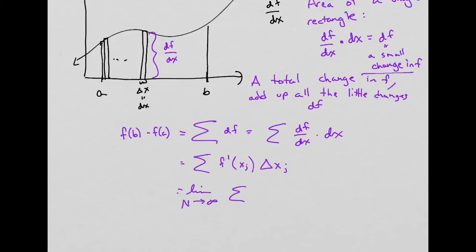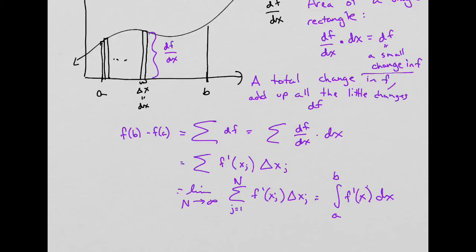If we let the number of rectangles go to infinity, the sum from j equals 1 of f prime of x sub j times delta x sub j is the integral from a to b of f prime of x dx. So in general, you can explore this idea in terms of area.